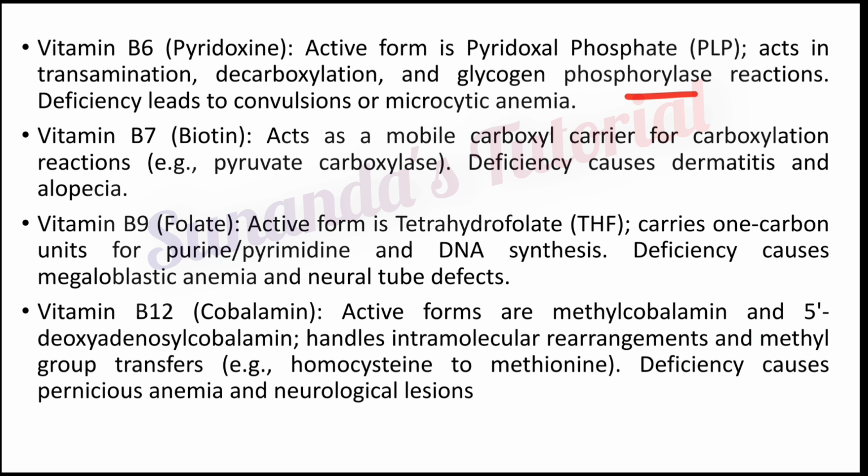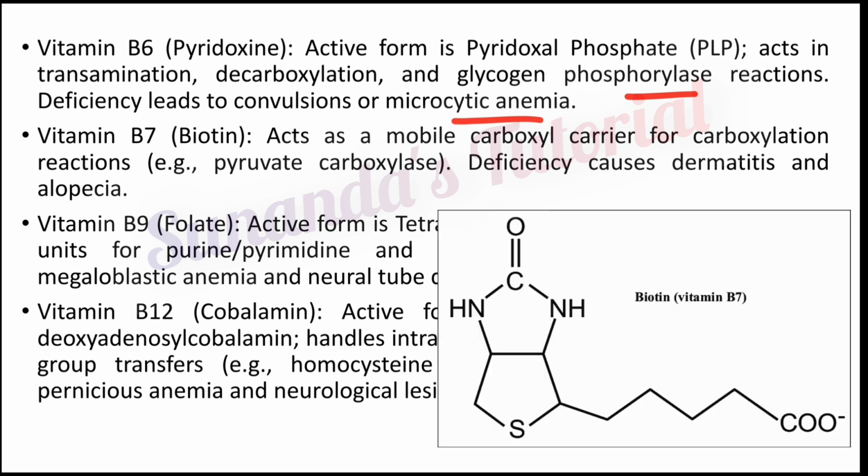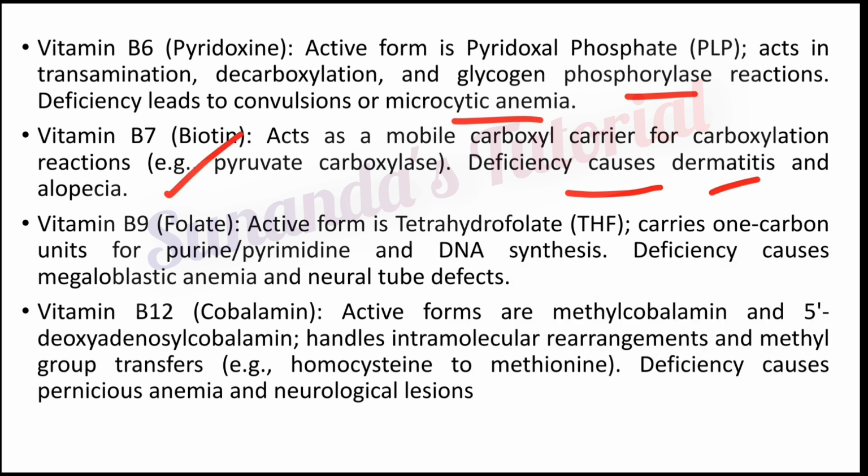Its deficiency leads to convulsions or microcytic anemia. Then B7 or biotin, which acts as a mobile carboxyl carrier for the carboxylation reaction of pyruvate after the glycolysis process, and its deficiency also causes dermatitis and alopecia.